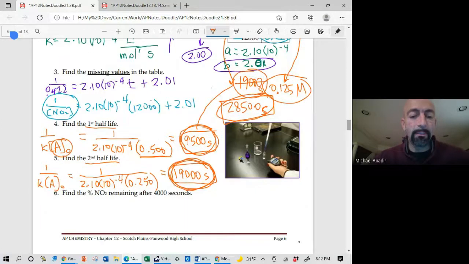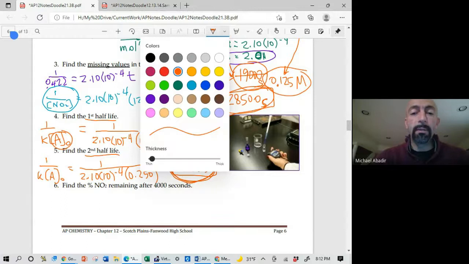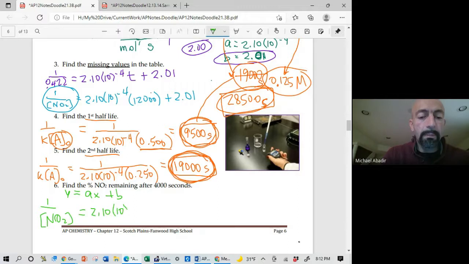We have one more to do. Find the percent of NO2 remaining after 4,000 seconds. Whenever you have a problem that has to do with how much is left after a certain amount of time, you're always going to be using the integrated rate law of y equals ax plus b. Okay, so again, the equation is 1 over concentration of NO2 equals the A, which is the 2.10 times 10 to the minus 4th times the time, which I do know is 4,000 seconds here.